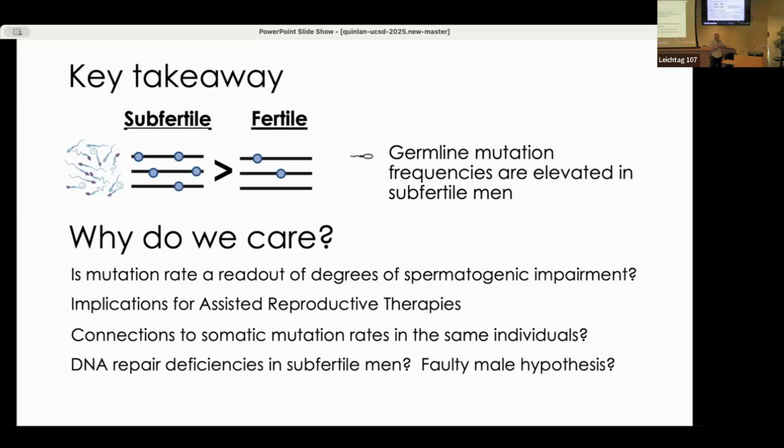Just to summarize it, the hypothesis is that the repair of DNA damage in the male germline is not as efficient or robust as it is in the female germline. So my hypothesis here is that maybe this is a faultier male hypothesis, in the sense that the capacity to repair that damage is even further reduced.